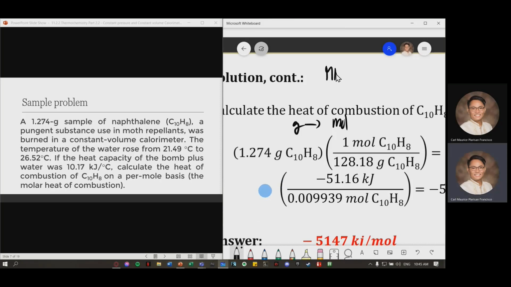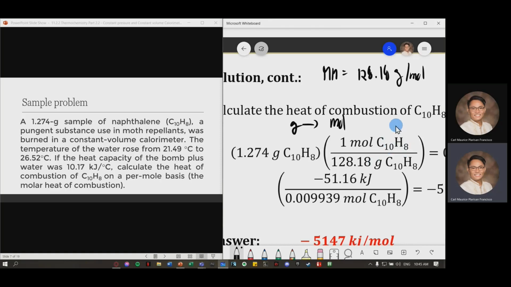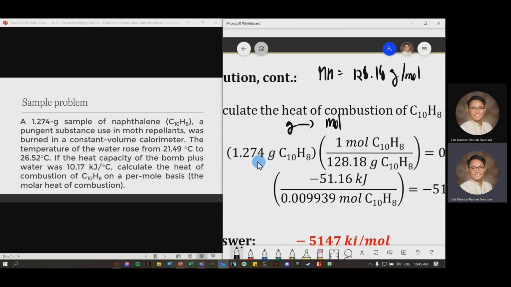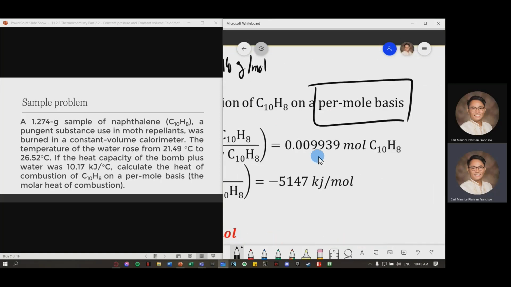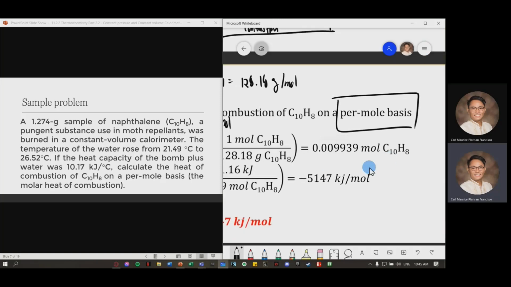The molar mass of naphthalene is 128.18 gram per mole. Just to save time, I already provided it here on the whiteboard. So we convert grams to moles of naphthalene. We have 0.009939 moles of naphthalene.